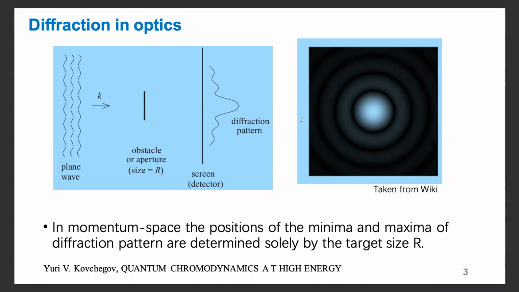For example, these are the diffraction patterns taken from Wikipedia. If we translate these distributions from the coordinate space to the momentum space, the positions of the minima and maxima of the diffraction pattern are determined by the target size only. In other words, we can get information on the target size from the diffractive patterns, similar in optics or in quantum mechanics.